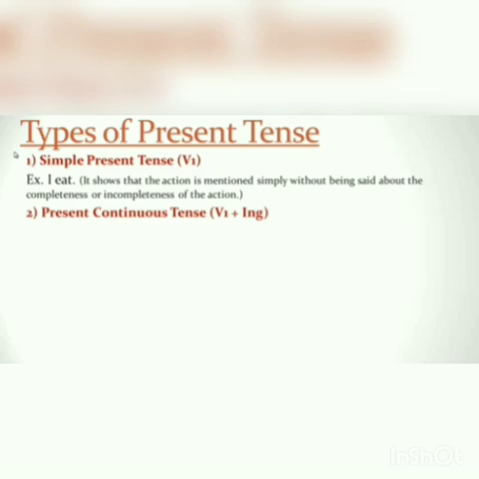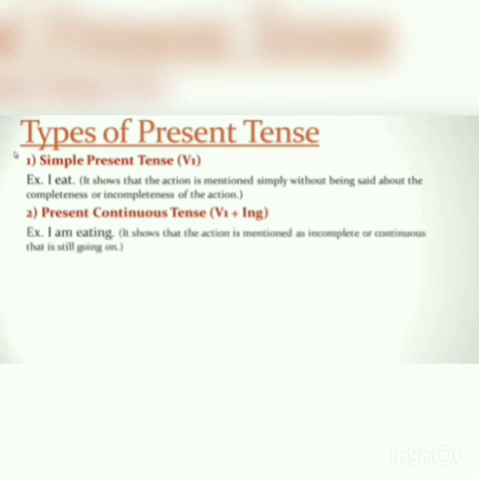The structure is V1 plus ing. I am eating. It shows that the action is mentioned as incomplete or continuous, that is still going on. Okay, here we have an incomplete action which is indicated by present continuous. Okay, you are going on eating. It is not completed. And that forms present continuous tense.